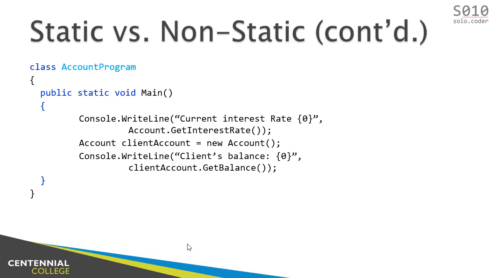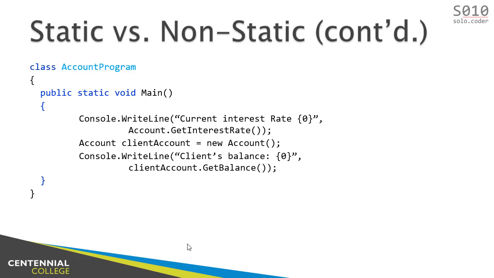Static does not mean that it's a constant. With constants, you cannot change the value dynamically. With static data, you can change the values. It means that it does not change per object, but globally you can change it.